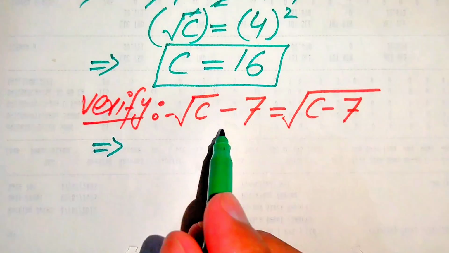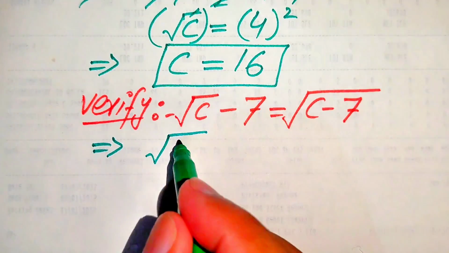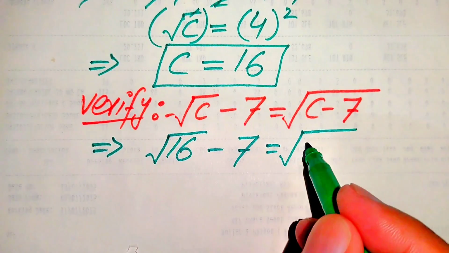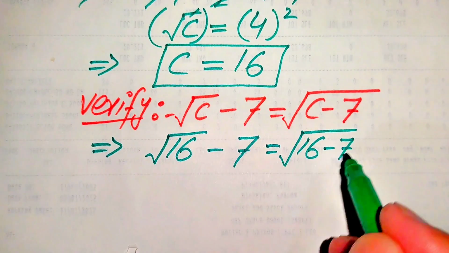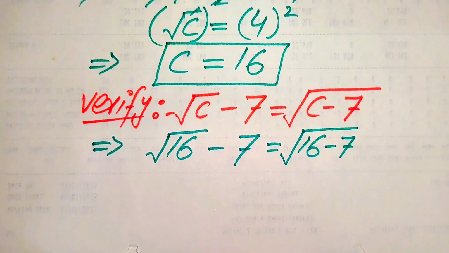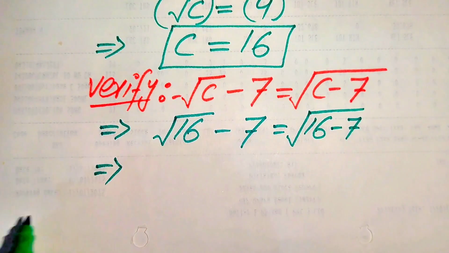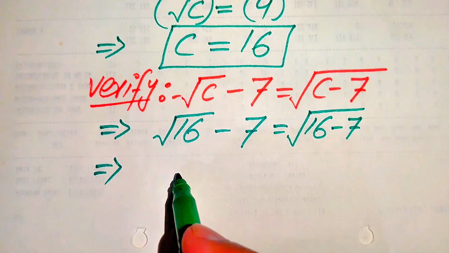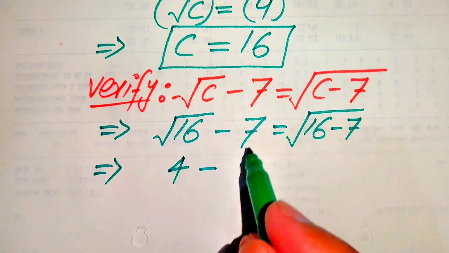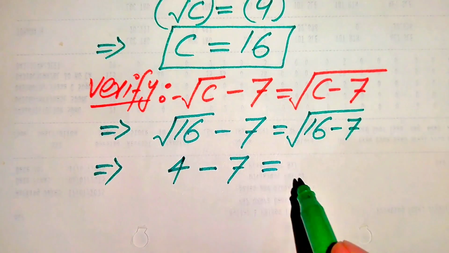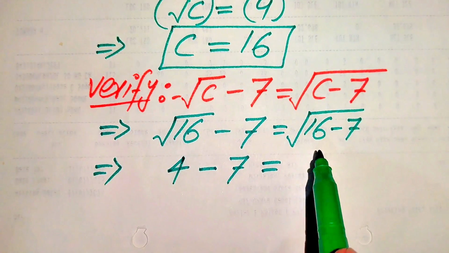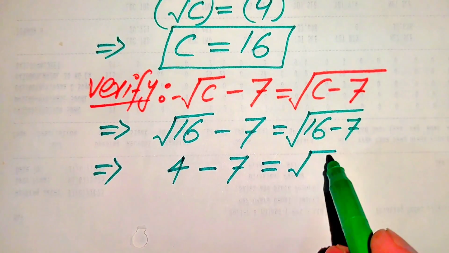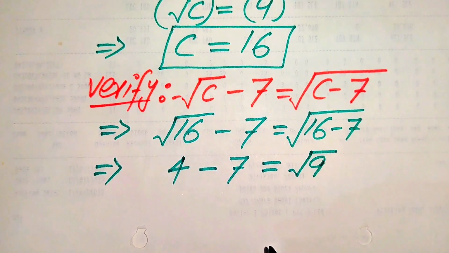So when we put this value here, it will be written as square root of 16 minus 7 is equal to 16 minus 7 and its whole square root. And now in the next step, you see here we know that the square root of 16 is equal to 4, minus 7. From the right hand side we have 16 minus 7 is equal to square root of 9.